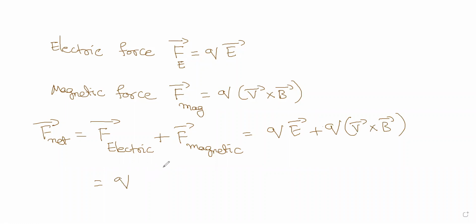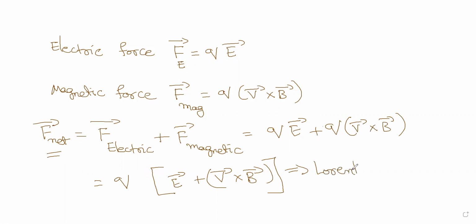Q is a scalar quantity, charge is a scalar, we can take it out. So we get Q times E bar plus V bar cross B bar. This entire net force is what we call Lorentz force, which is the sum of electric and magnetic forces.